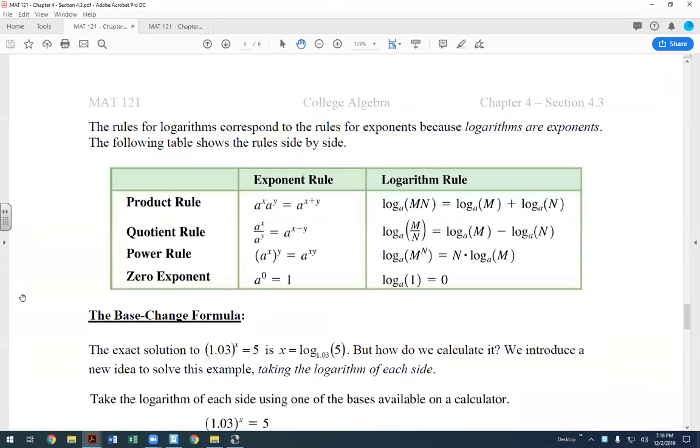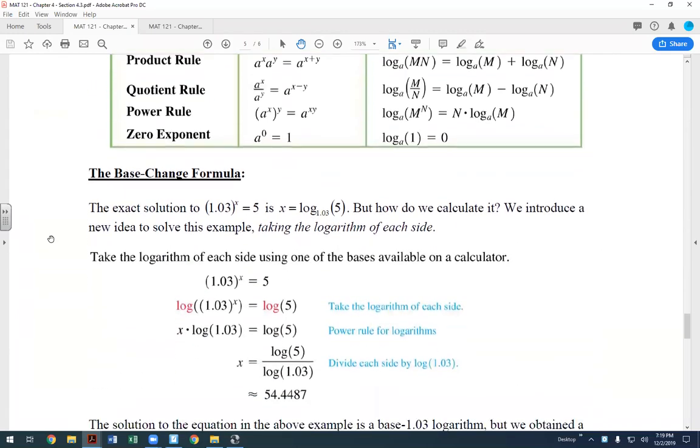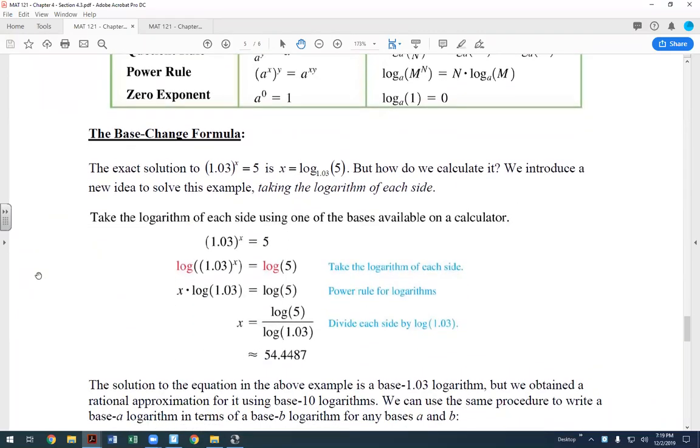All right, so just a comparison between the exponential and the logarithmic rules. So you can see how the product rule works for each type of function, quotient rule, power rule, zero exponent rule, I guess. Okay. So as I mentioned, normally our calculators only do base 10 and base e calculations.